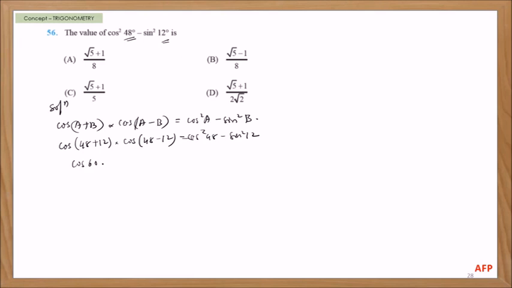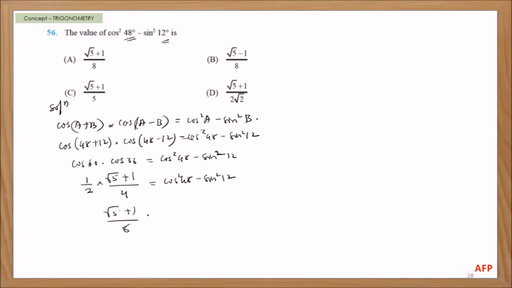Cos 60 degrees into cos 36 degrees is equal to cos square 48 minus sin square 48. Okay, so it is 1 by 2, and cos 36 is root 5 plus 1 divided by 4, so root 5 plus 1 divided by 8 is the answer which we are having.